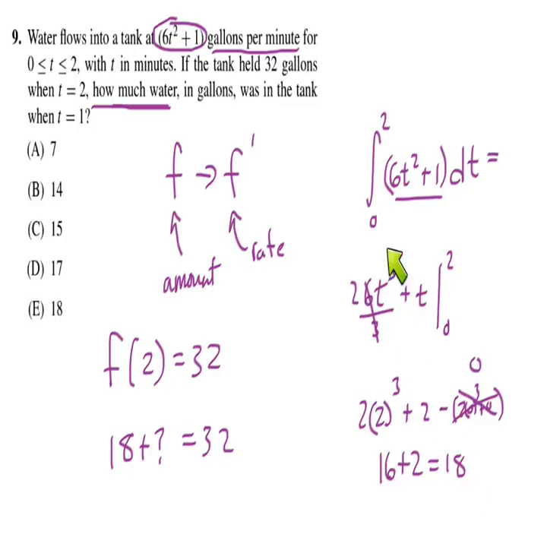Because we just found out that from 0 to 2 minutes, the amount of water gained during that time is 18 gallons.